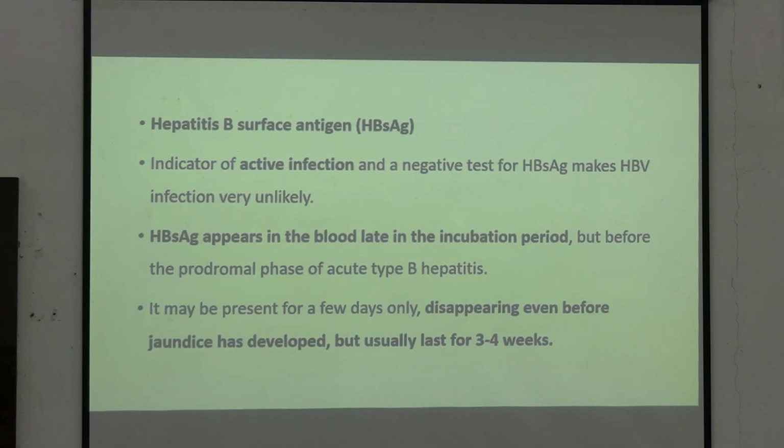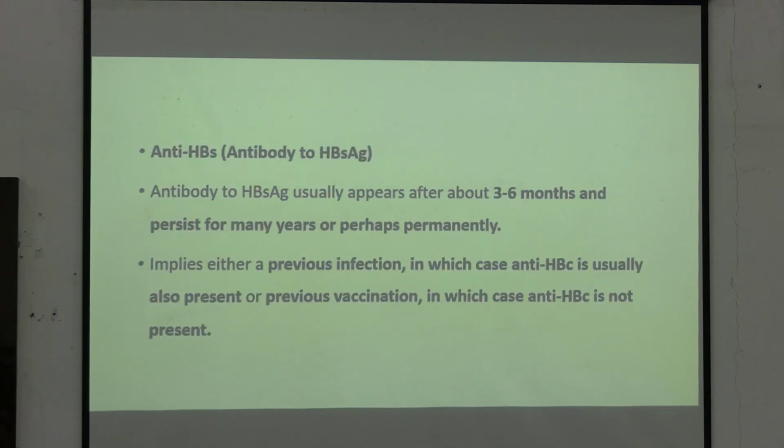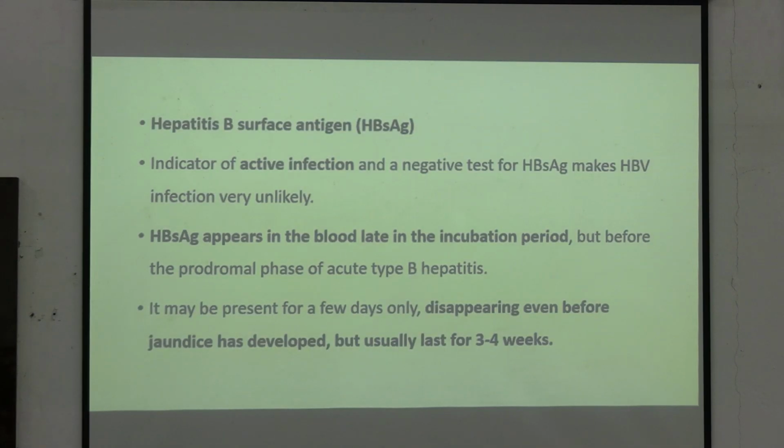It may be present for a few days only, disappearing even before jaundice has developed, but usually lasts for 3 to 4 weeks. It can persist up to 5 months. The persistence of HBs antigen for longer than 6 months indicates chronic infection. So the first one is hepatitis B surface antigen.